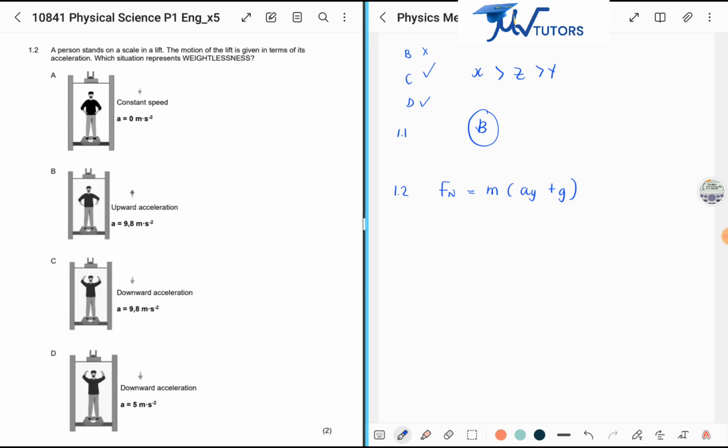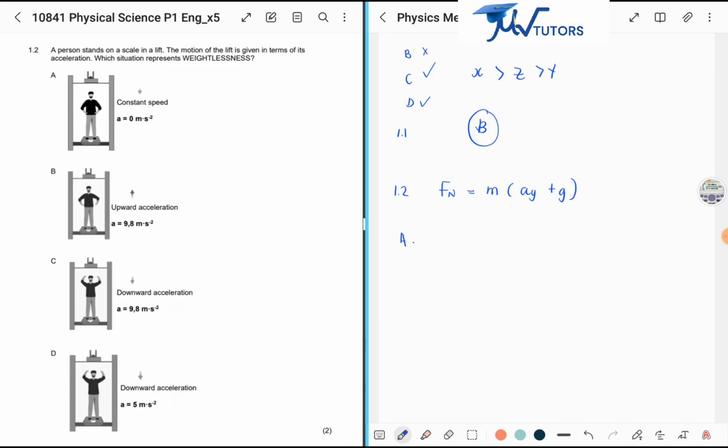Now it says the motion of the lift is given in terms of its acceleration. Which situation represents weightlessness? Basically, I'm going to look at all options. For A, we have a constant speed, so acceleration is 0.